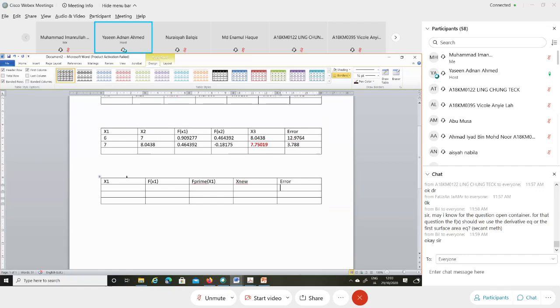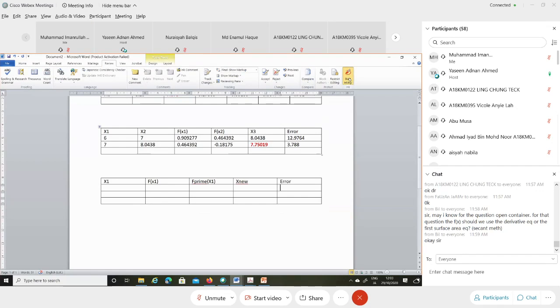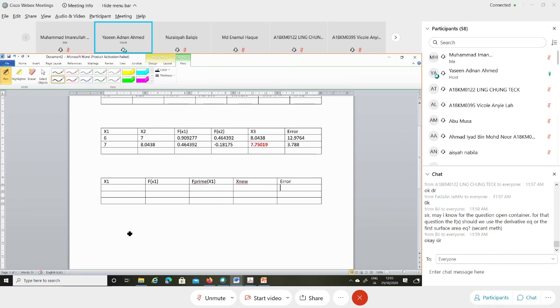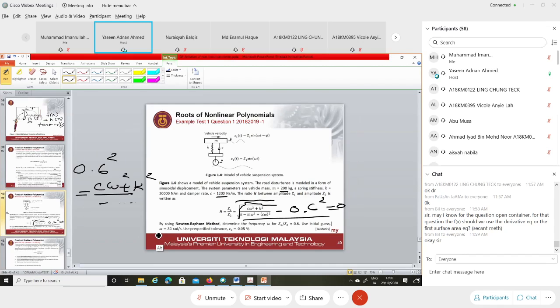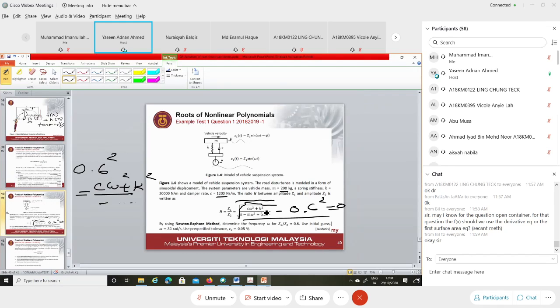In this case, you already know the function. If I just write it down from here, something like C omega squared plus K squared divided by k minus m omega squared plus c omega whole squared.